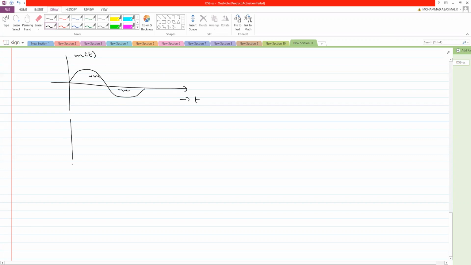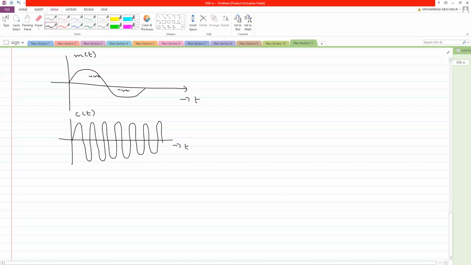Then this one will be your carrier signal, and this is your carrier signal, t, and this is c of t. Right till now? Okay. Now we will see what my output will look like.